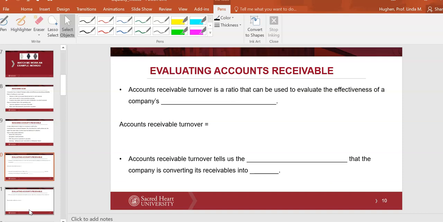Evaluating accounts receivable. Accounts receivable turnover is a ratio that can be used to evaluate the effectiveness of a company's credit policy and accounts receivable collections.